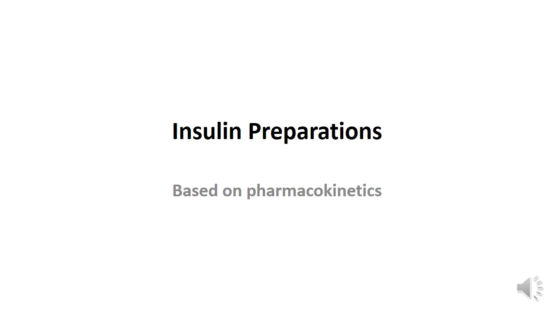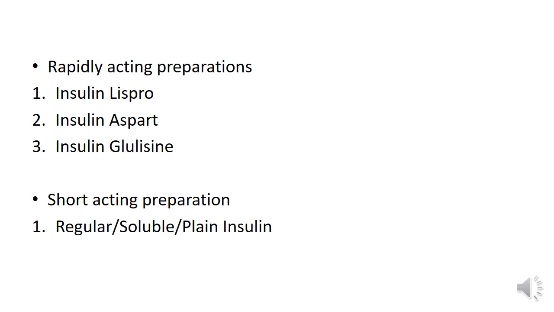Till now we saw the classification of insulin preparations based on the source. Now we shall see the insulin preparations based on their pharmacokinetics, that is the onset of action, the peak action and the duration of action. Under the rapidly acting insulin preparations, we have the 3 rapidly acting insulin analogues: lispro, aspart, glulisine.